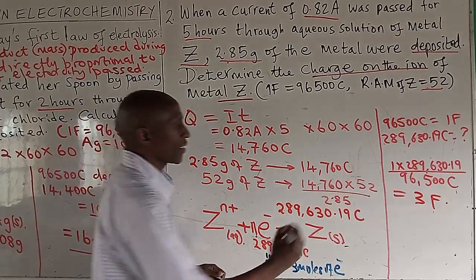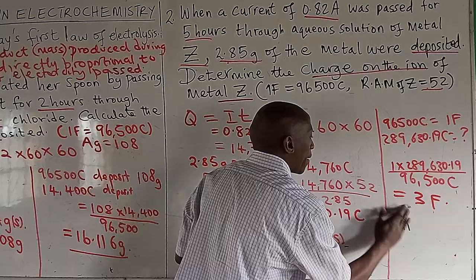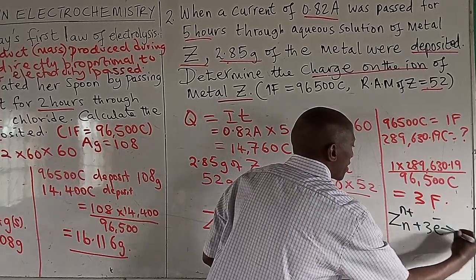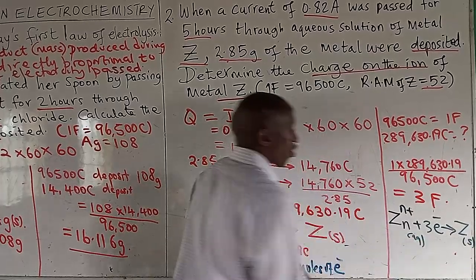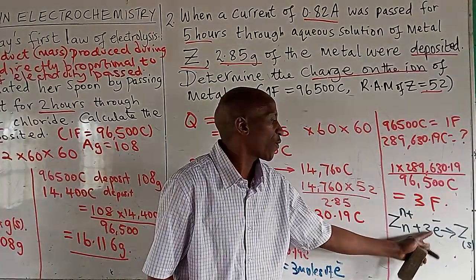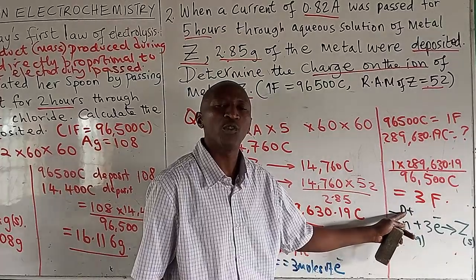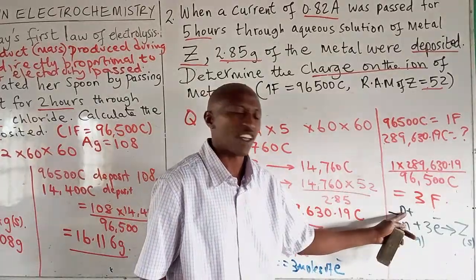It means that the Z with a charge here is being neutralized by 3 moles of electrons. 3 moles of electrons, which are negatively charged, require 3 moles of positive charge for complete neutralization.